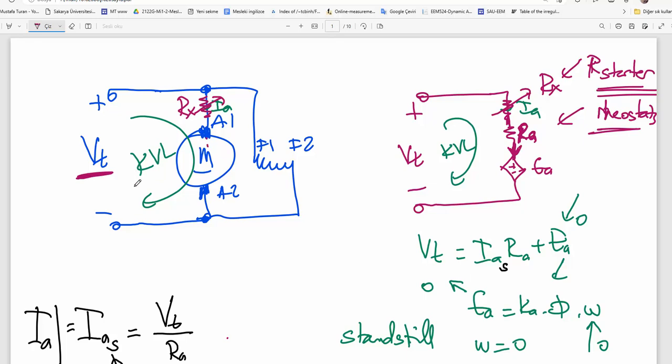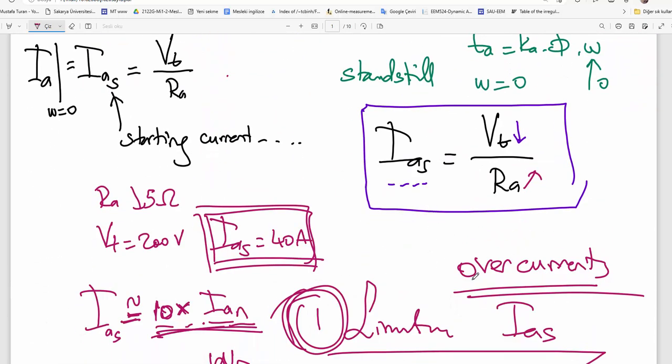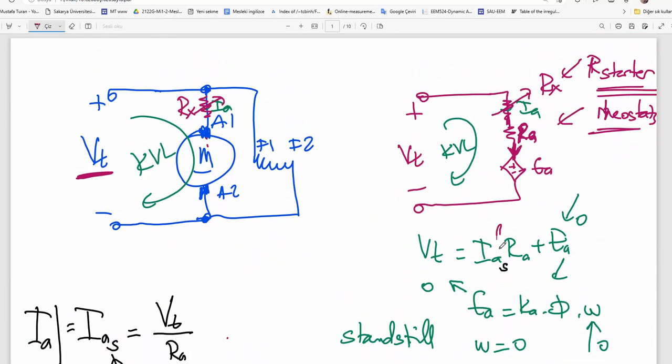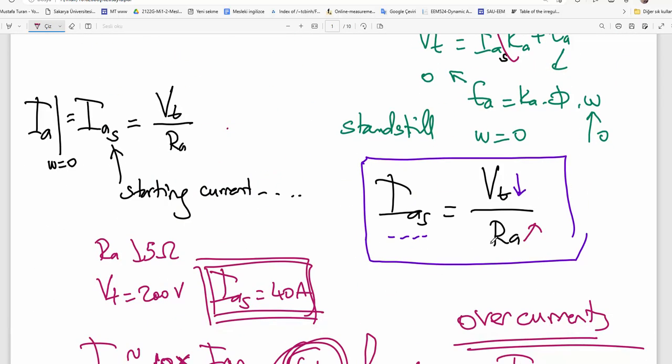It is adjustable to limit current. So in the equation, the included Rx will be here. Instead of this operation, you can increase this guy, external element, to limit startup current. Or you decrease terminal voltage to decrease startup current. Those are the approaches to limit startup current.